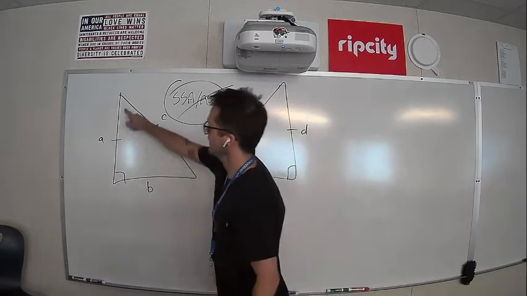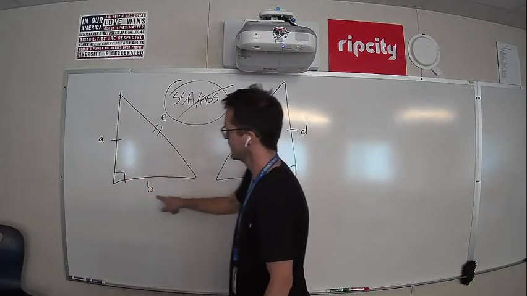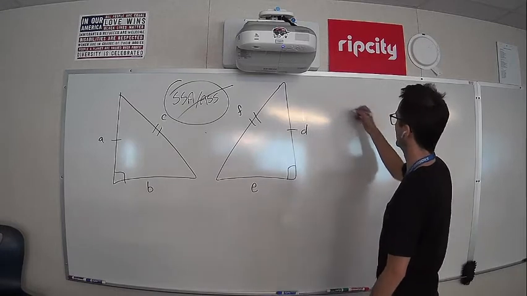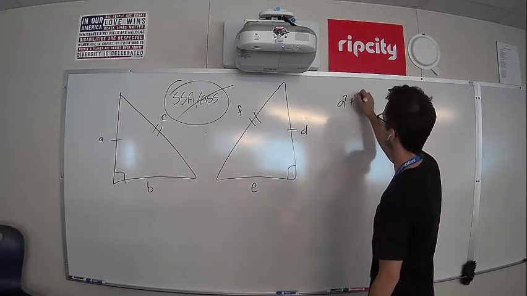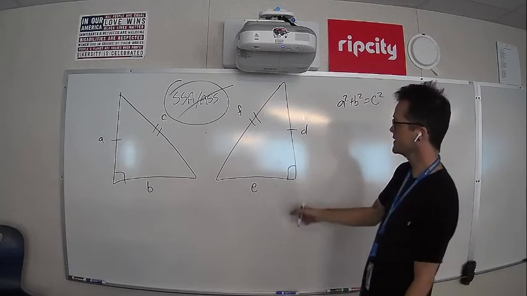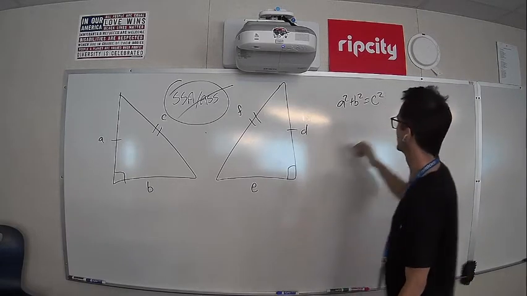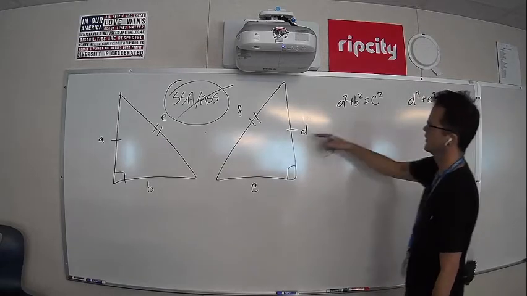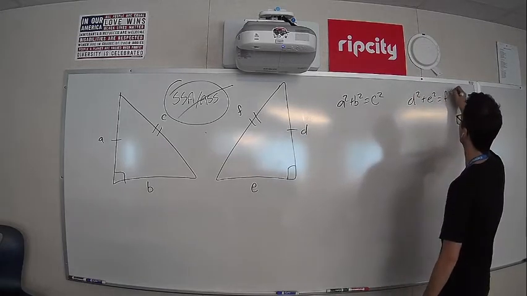So in this case, the length of a squared plus the length of b squared equals the length of c squared. So I'm going to capture that over here. a squared plus b squared equals c squared. Okay, in our second triangle, we can say the same sort of thing. We can say that d squared plus e squared equals f squared.